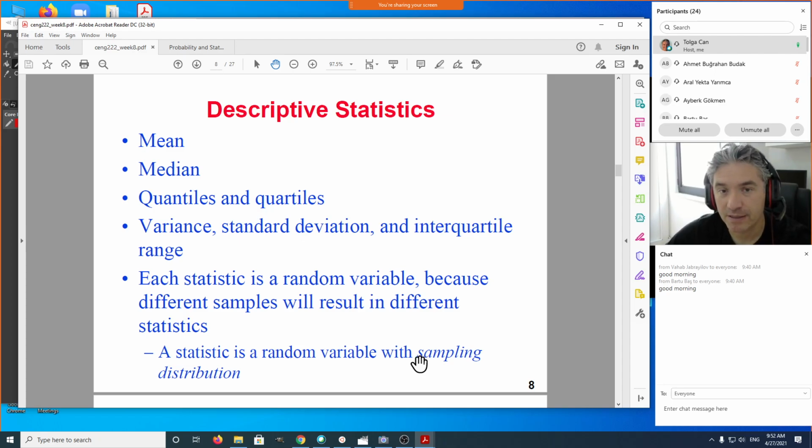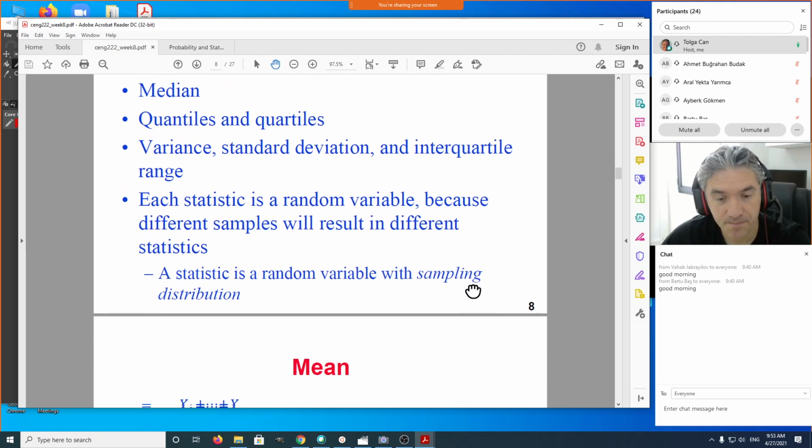If the statistic we compute is like sums or averages of those data points in the sample, it will have a normal distribution. But for certain things, for example, the maximum data point in a data sample, it may not be normally distributed because it's not a summation. So it will have a different sampling distribution.